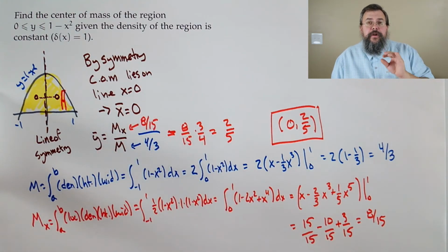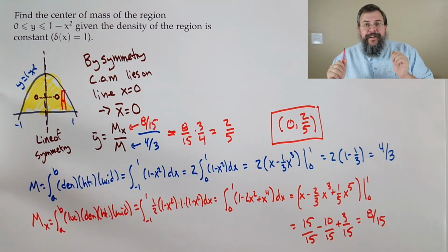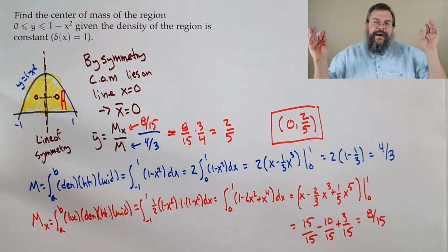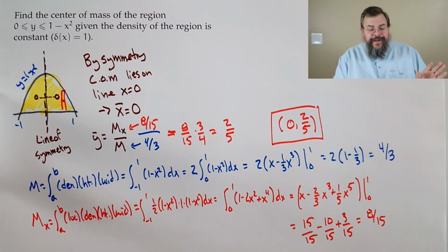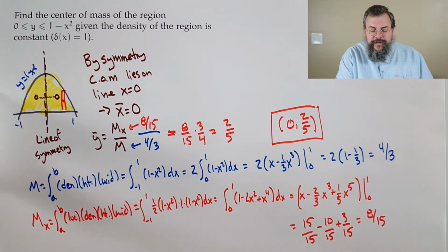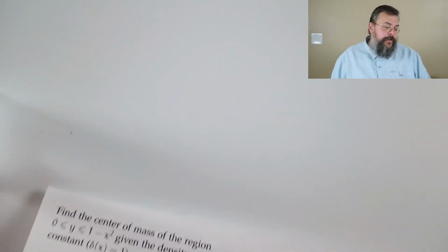And symmetry includes both symmetry with respect to shape and with respect to density. So if you don't have that symmetry with respect to density, you've got to do the work. You just can't say, aha, it's going to be 0, because we saw that it doesn't necessarily mean it will be 0. You don't know until you do the work. Okay.